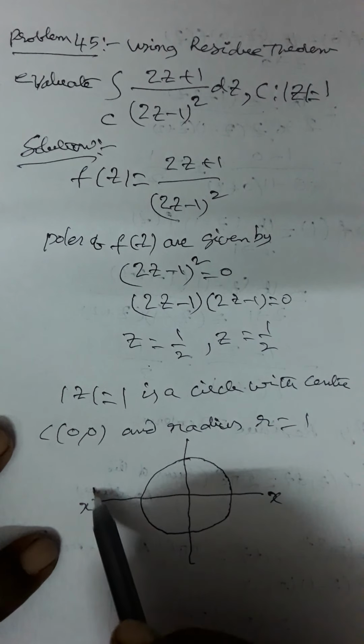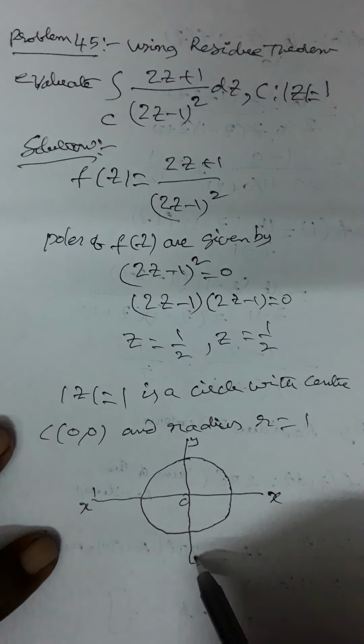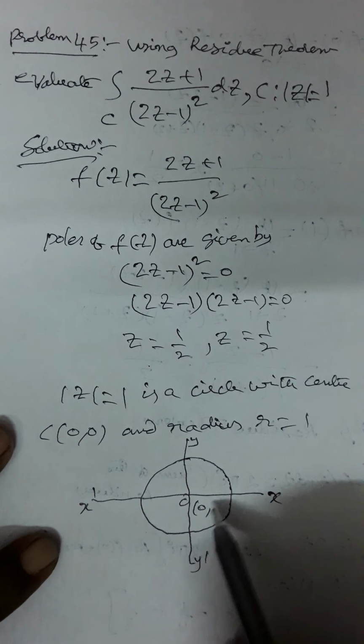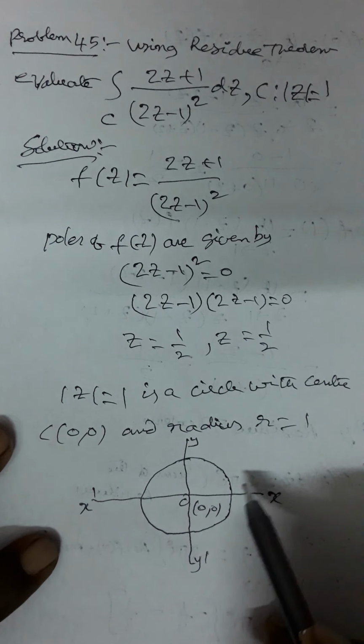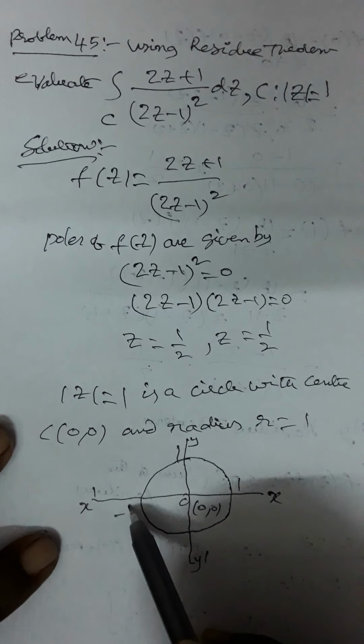The circle has center (0, 0) and radius 1.